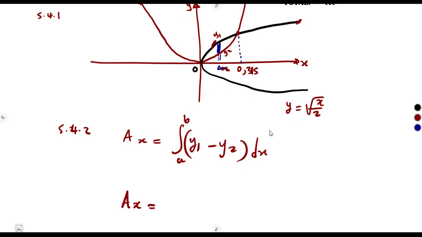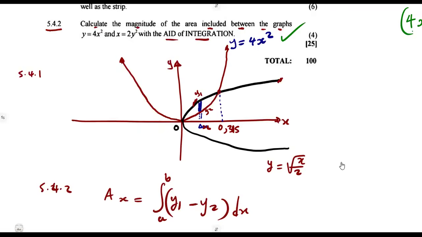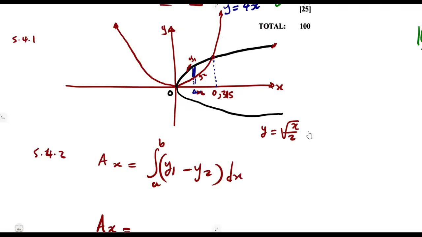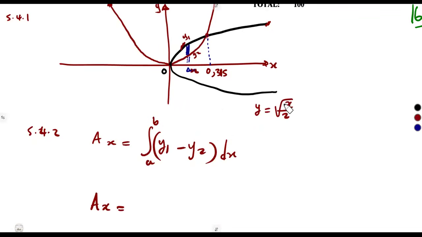So y1 minus y2. You are dealing with what? The area. That is our case. So we are going to take y1. Remember, y1 is the one on top. This one is the square root, the square root of x over 2.